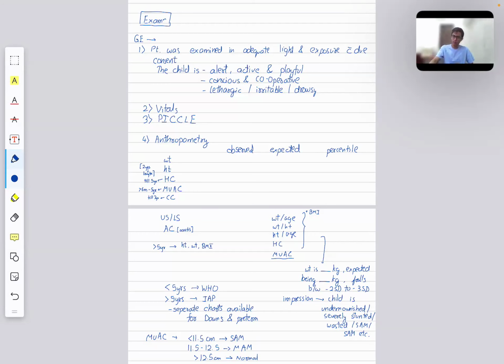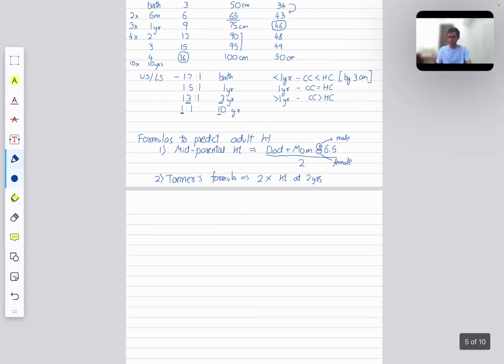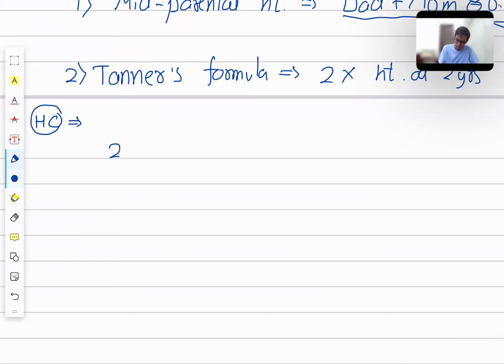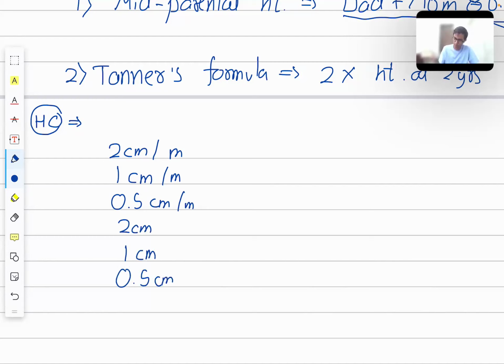Now, what is the progression of head circumference? Again, write it with me. 2 centimeter per month, 1 centimeter per month, 0.5 centimeter per month, 2 centimeter total, 1 centimeter total, and 0.5 centimeter total.